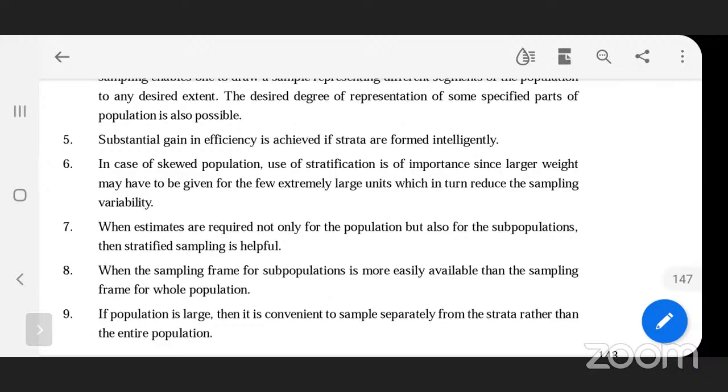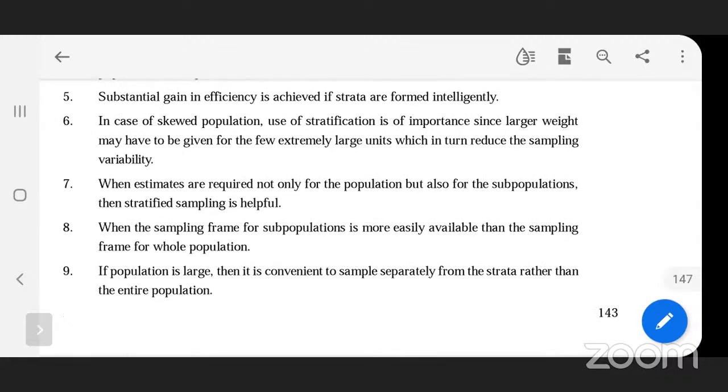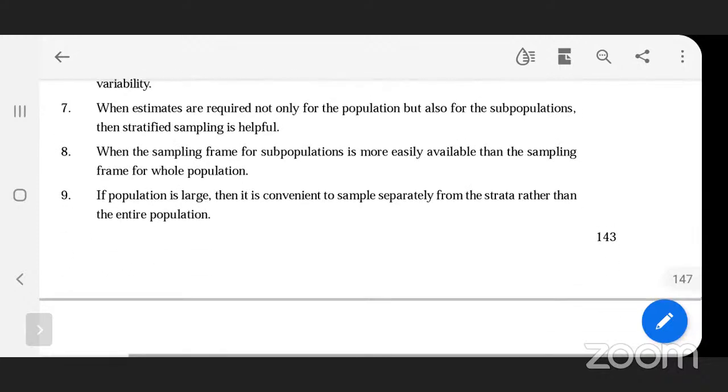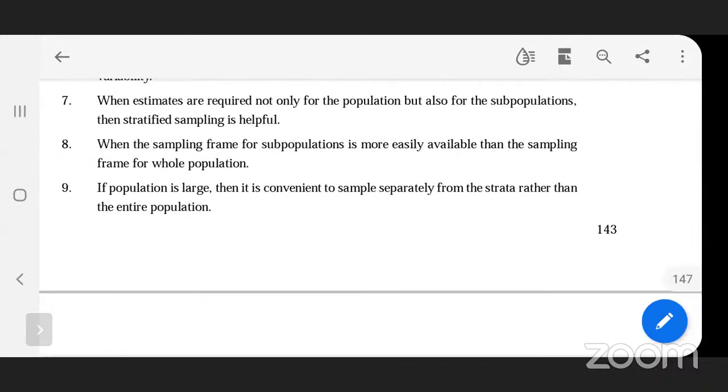Next is the skewed population, where stratification is of importance, since large weight may have to be given to the few extremely large units, which reduces the sampling variability. When estimates are required not only for the population but also for subpopulations, stratified sampling is helpful. It is also helpful when the sampling frame for the subpopulations is more easily available than the sampling frame for the whole population.